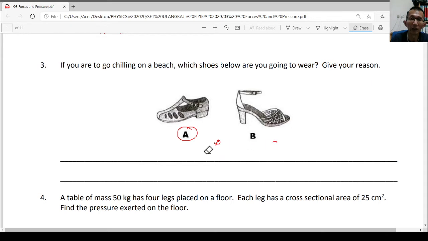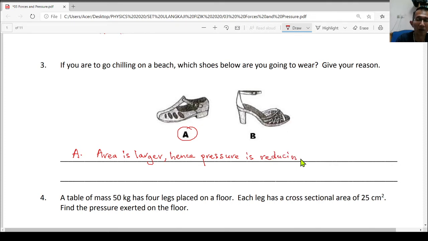So over here just now we have chosen shoes A. So the reason is the area is larger, hence the pressure is reduced.